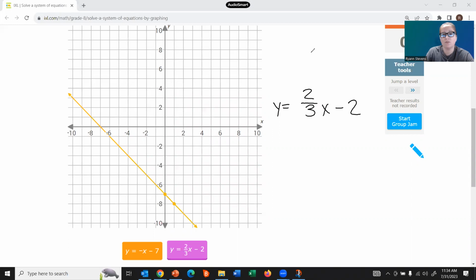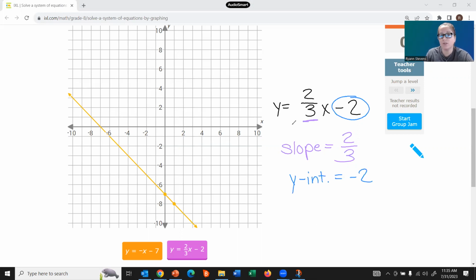And again, we're going to be using our slope and our y-intercept to show our starting point where we're going to begin our graph, and then also where our next point is going to be plotted using the slope. So the slope is going to be in front of x, and so we're going to use this whole fraction. It's got to keep the fraction. We got to use this to tell us what our slope is. And then our y-intercept is going to be this number that's in place of b. We have to keep that sign as well. So our y-intercept would be at -2.